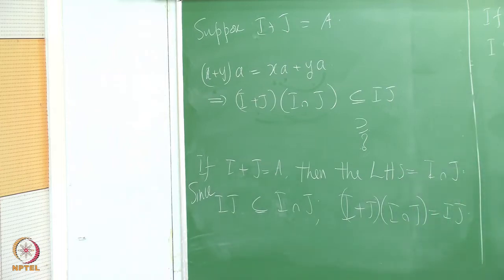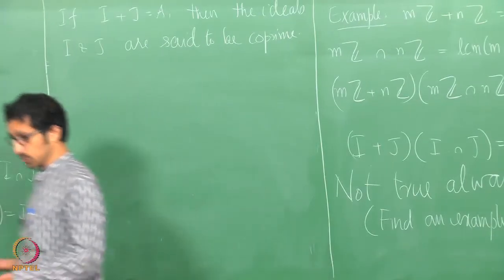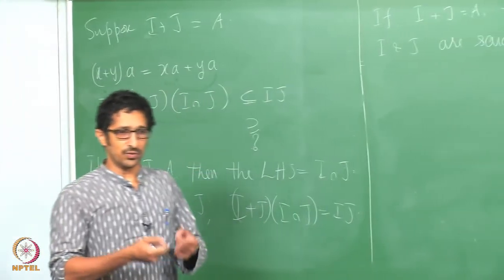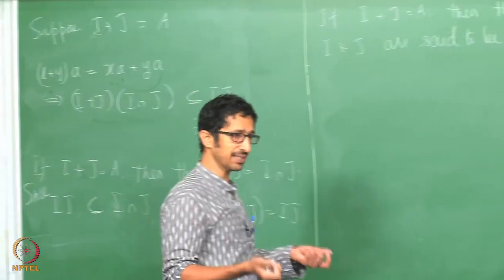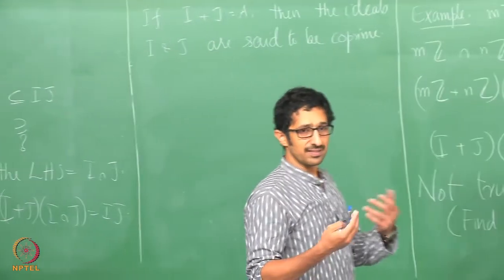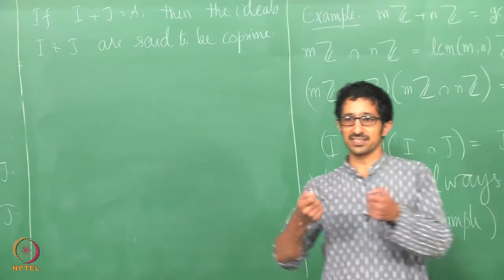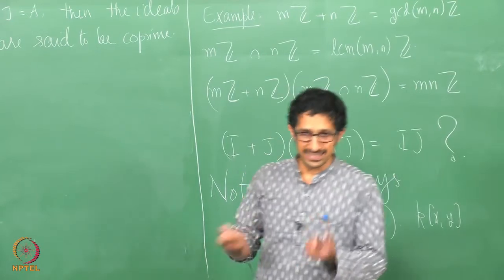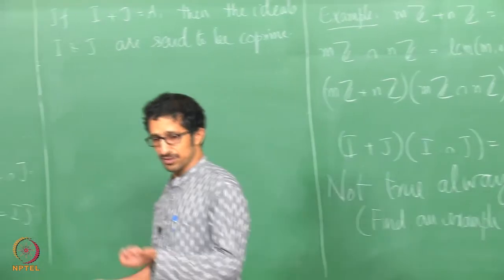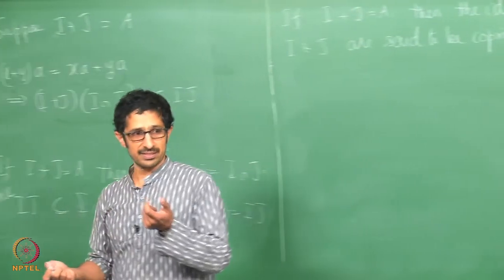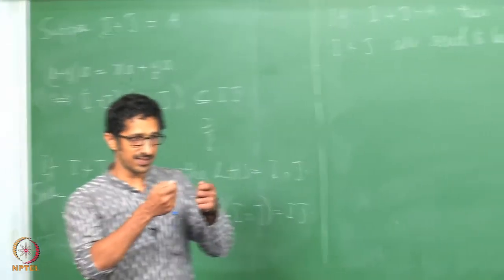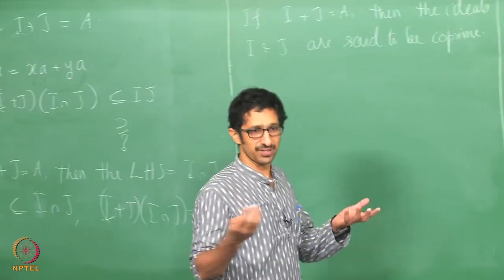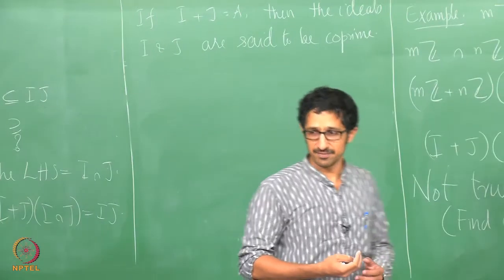When you say two integers are co-prime, there are no common prime divisors, or their GCD is 1. In other words, take two integers m and n: the ideal generated by m plus the ideal generated by n is the whole ring, and that is exactly what we have.